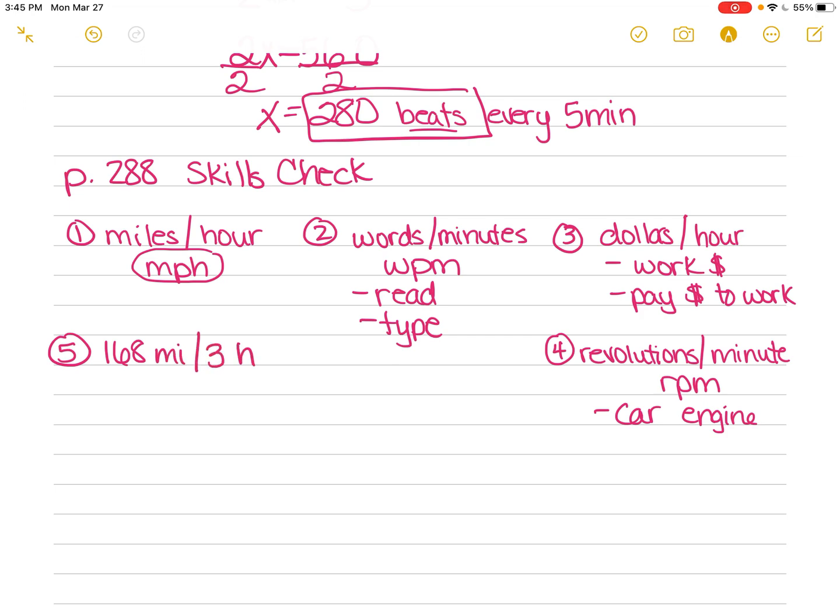So they want you to figure out what the rate is, or simplifying it means how much is in 1 hour. So remember, to do that, we just do 168 divided by 3. So that would be 5, and then that would be 6. So this would be 56 miles per hour is the rate that they're going.